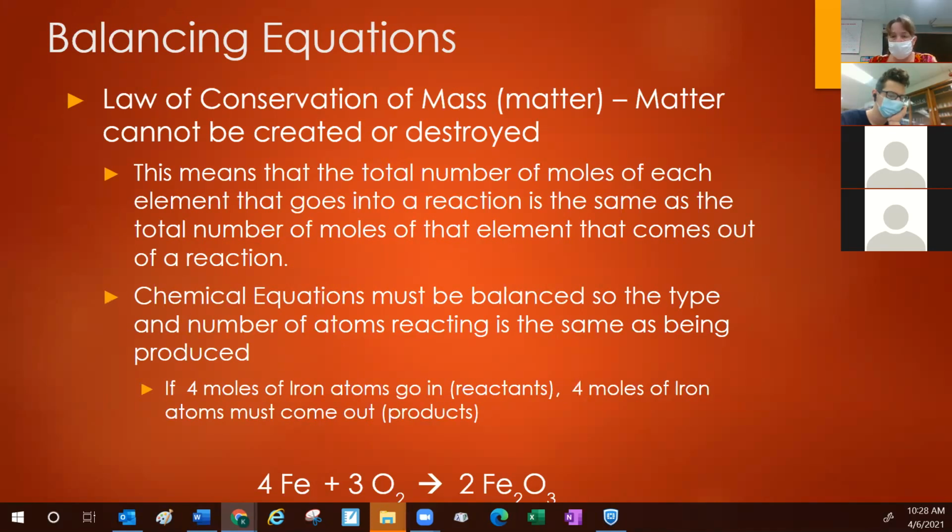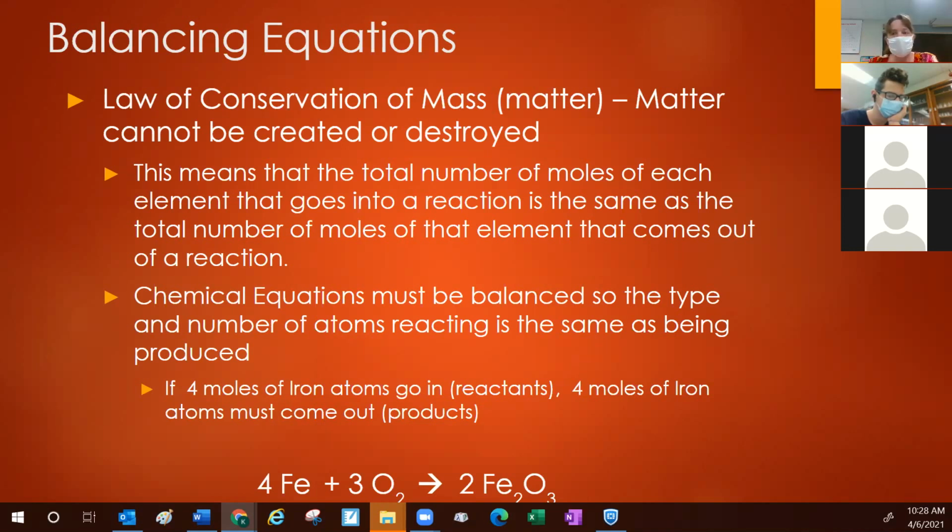So the law of conservation of mass, also known as the law of conservation of matter, states that matter can't be created or destroyed in a chemical reaction. This means that the total number of atoms or molecules or moles, whatever quantity you're referring to, whatever you start with on the reactant side, that same number has to appear on the product side.